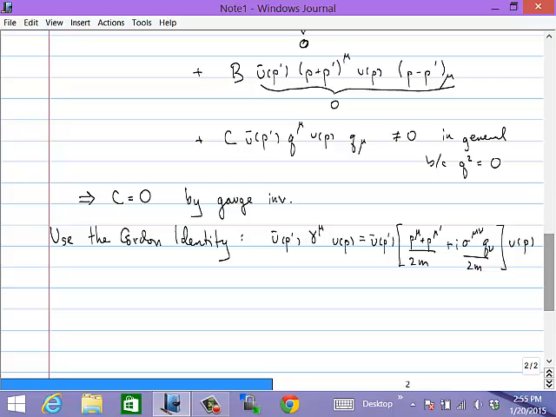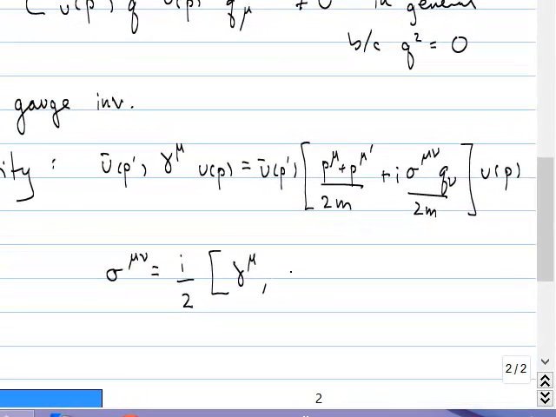Where here I'm using the notation that I introduced last semester when we studied gamma matrices, that sigma mu nu is the commutator of two gamma matrices, so it's a Dirac matrix. And it's a useful combination of these Dirac matrices because sigma mu nu is the generator of Lorentz transformations.